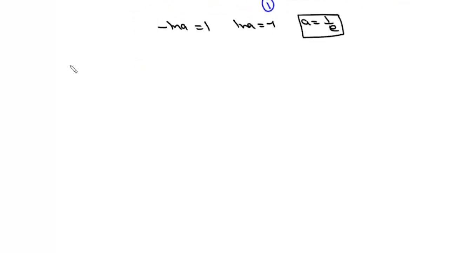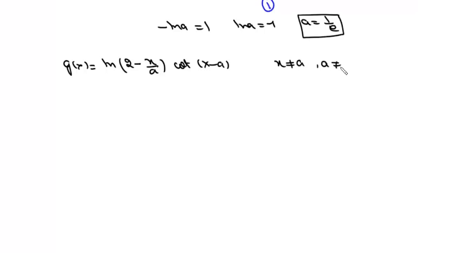Now it says g(x) is log(2 - x/a) into cot(x - a) for x unequal to a, unequal to 0, and a greater than 0.